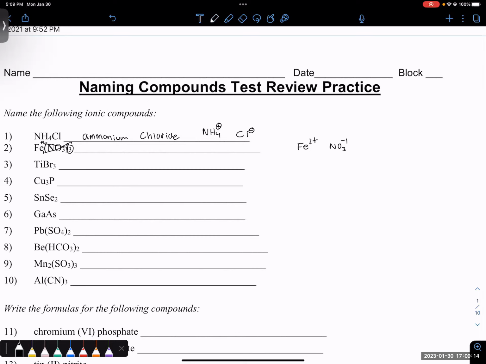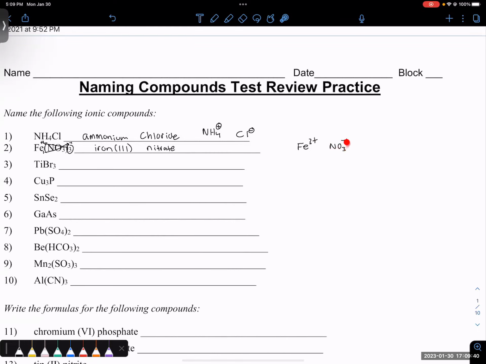So iron has a +3 charge, so this is iron(III). And NO3 -1 is what? Perfect. Yeah, nitrate. So iron(III) nitrate is the name of this one.